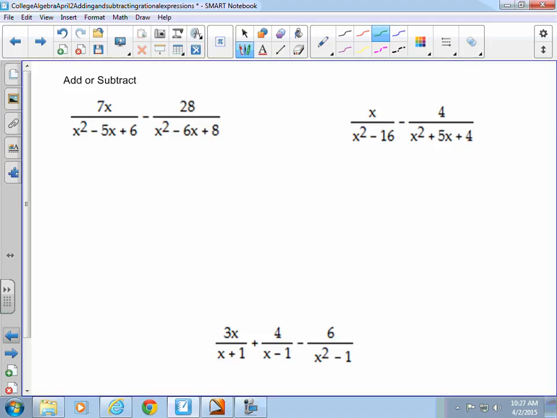So here's another subtraction problem. We know that we're going to have to be cautious about the negative. What's the first thing I have to do?